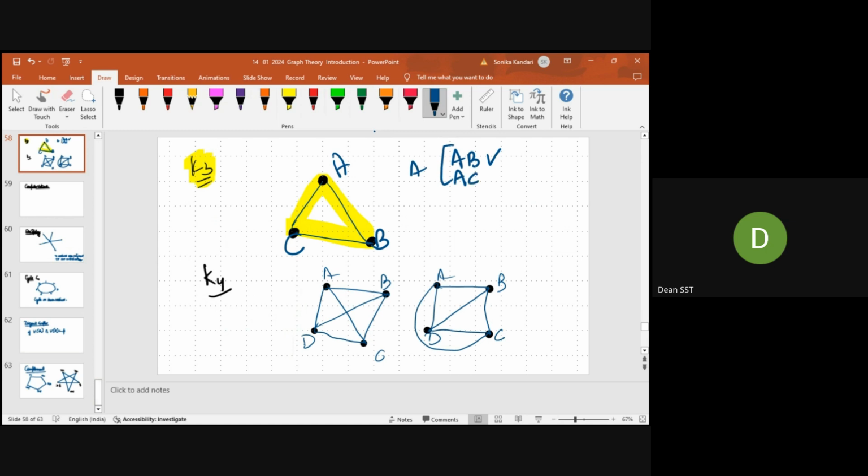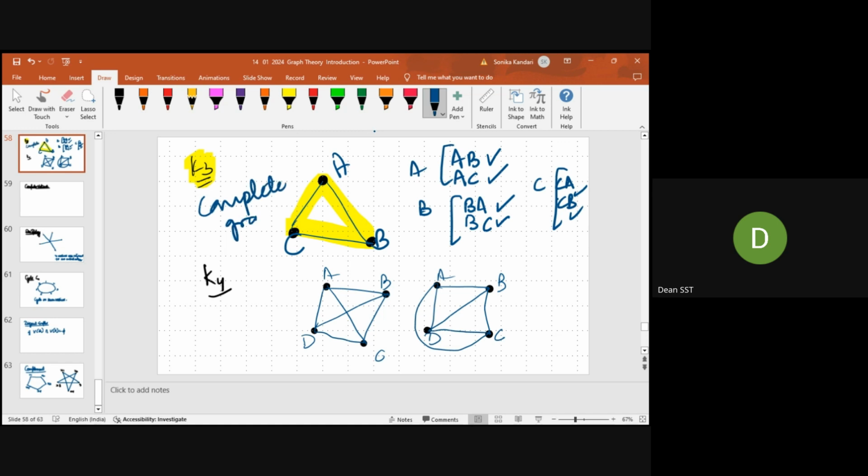AC is adjacent to each other, yes. For B, check. BA, yes, adjacent to each other. BC, adjacent to each other, yes. For C, check. CA, yes. And CB, yes. It means this is a complete graph.